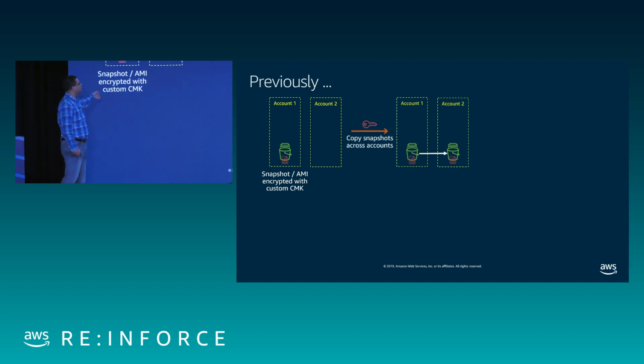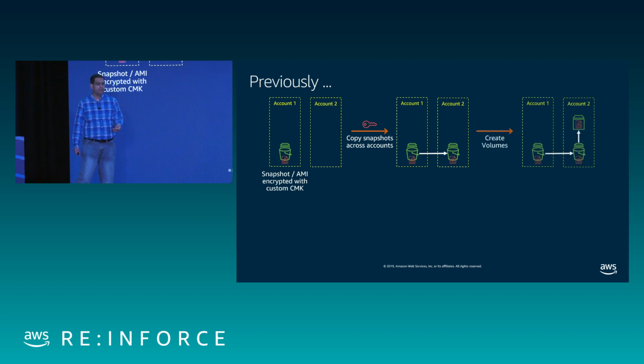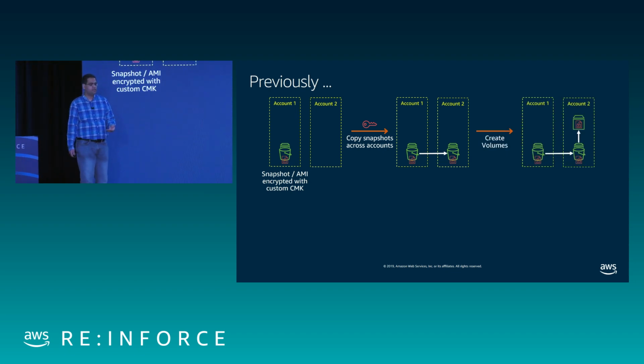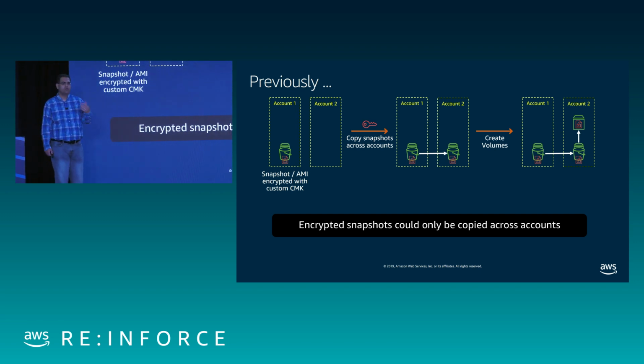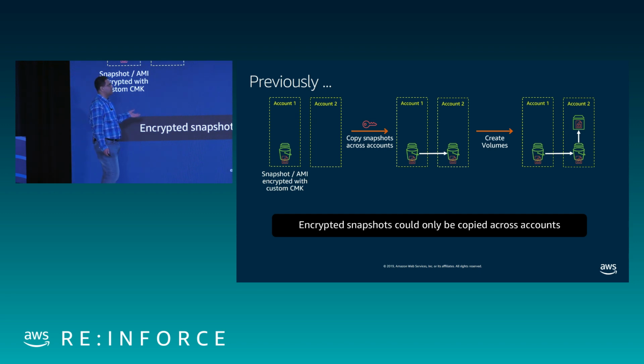In that case, you have to copy that snapshot across accounts, using the same techniques I showed you before. And once you've copied it across accounts, you can then launch the volume from that account. By the way, up until this release, encrypted snapshots could only be copied across accounts. In other words, you couldn't share encrypted snapshots across accounts.